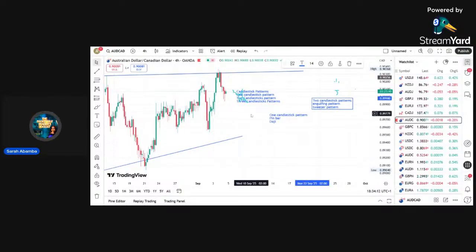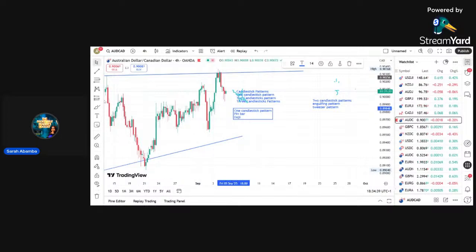So it's not like the pin bar and the doji, which are standalone candlestick patterns. However, the engulfing and the tweezers are not standalone. That means two candlesticks must be formed at the same point before they can be valid. That is how the engulfing pattern works.